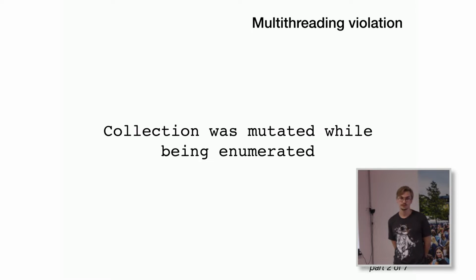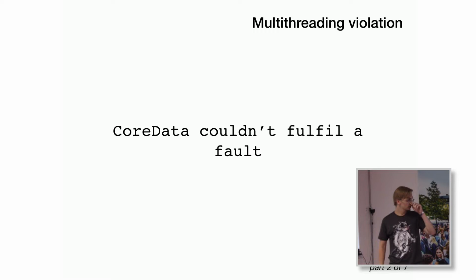It's a crash message when you access some Core Data model property from different threads simultaneously, in this case access to the collection. It can also throw you something like this if you try to access a property of a Core Data model which is a reference to another Core Data model itself. So it's a fault which cannot be fulfilled from the wrong context.